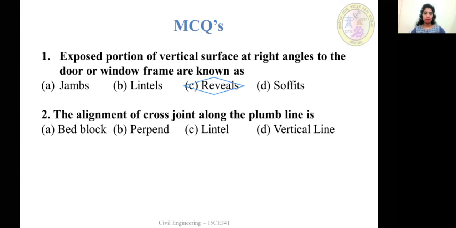Keep thinking. The alignment of cross joint along the plumb line. Plumb line means it is a vertical line. What might be the answer? Option A, bed block; option B, perpend; option C, lintel; and option D, vertical line.